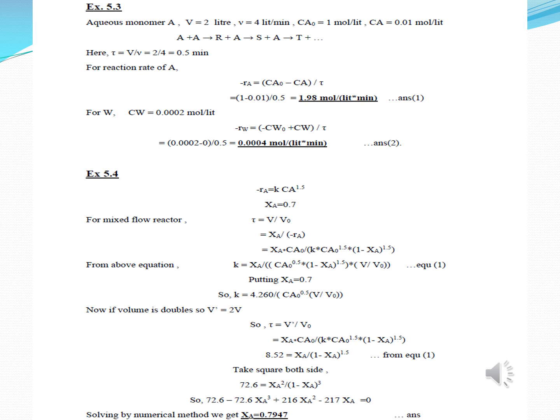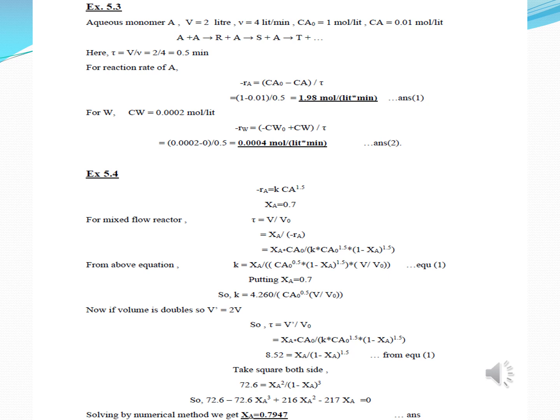So let's move on to the solution of problem 5.3 and problem 5.4. First, we'll discuss the solution of 5.3. Here you can see at the top we are given the values: volume is 2 liters, volumetric flow rate is 4 liters per minute, initial concentration is 1 mole per liter, and final concentration is 0.01 mole per liter.